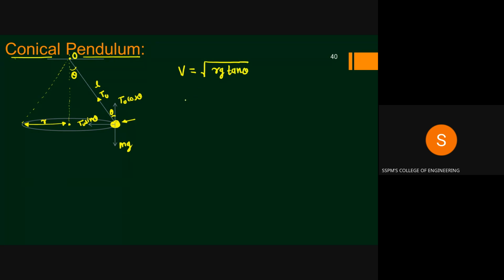The second equation is for the time period. T is equal to 2 pi under root r upon g tan theta, which is equal to 2 pi under root L cos theta divided by g.